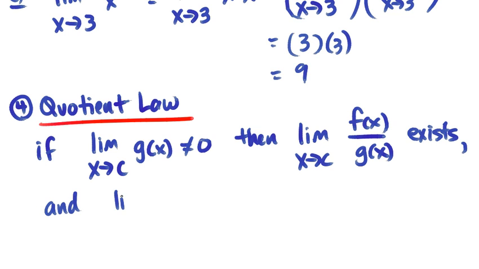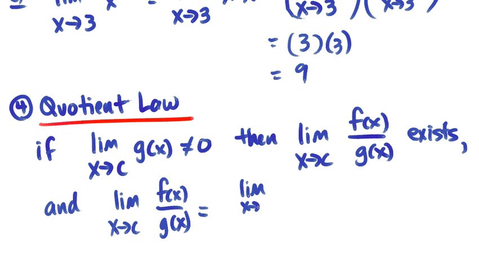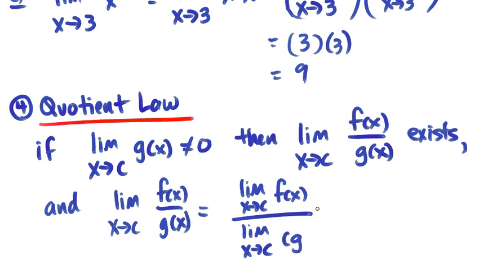And that limit as x approaches c of f of x over g of x is the same as applying the limit to the top and the limit to g of x. And you can notice why we had the restriction that the limit as x approaches c of g of x can't be equal to 0. Otherwise, the denominator here would be equal to 0.